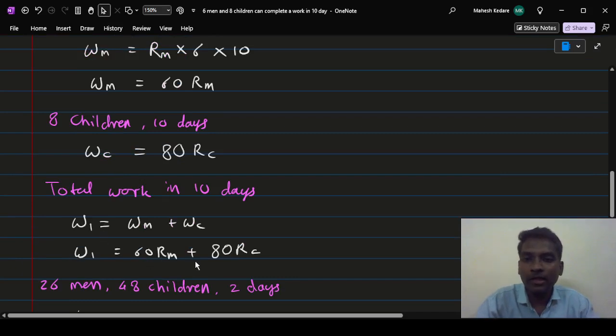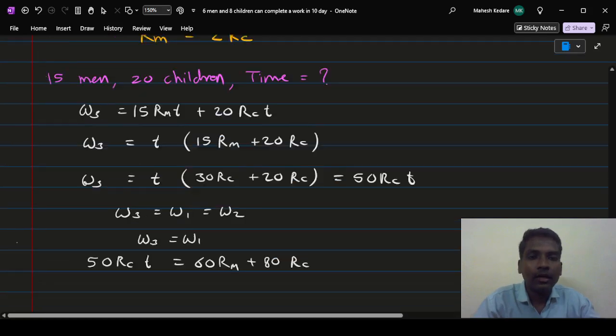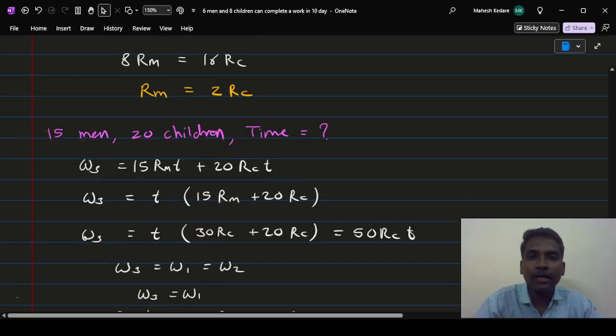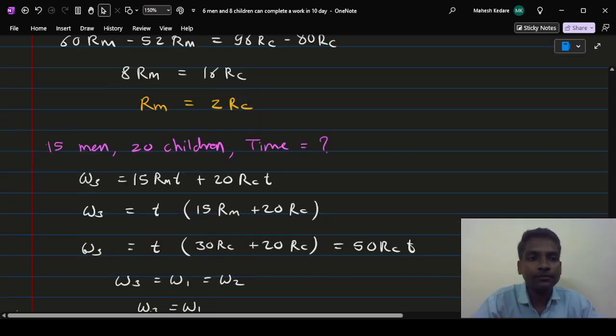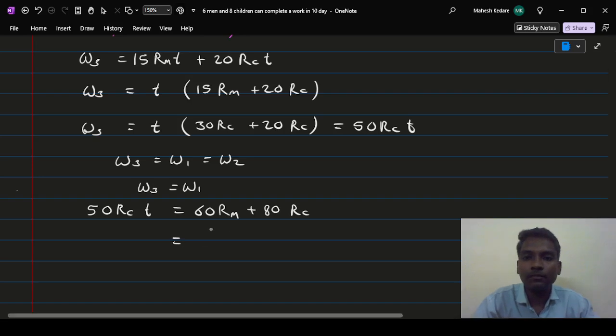W1 is 60 Rm plus 80 Rc. We substitute for Wm 60 Rm plus 80 Rc. Again for Rm here we write 2 Rc. So it is 120 Rc plus 80 Rc.